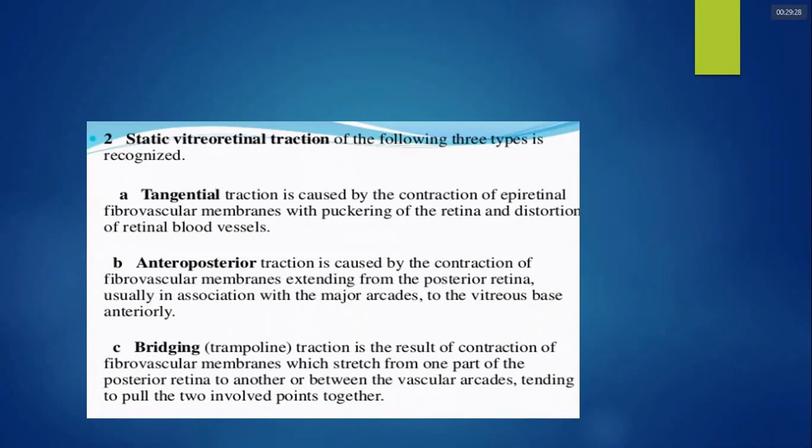The bridging or trampoline traction is a result of contraction of fibrovascular membrane stretching from one part of the posterior retina to another, or between the vascular arcades, tending to pull the 2 involved points together. So there is a static vitreoretinal traction.